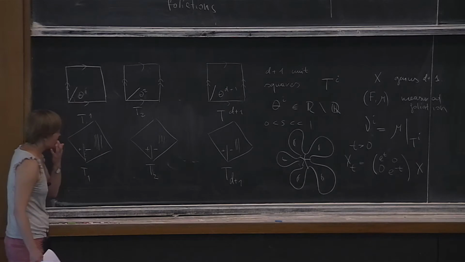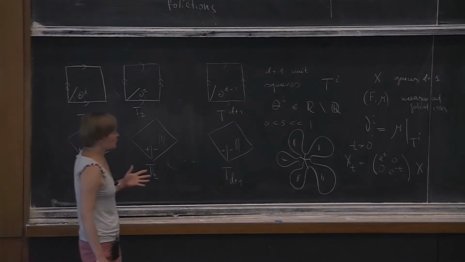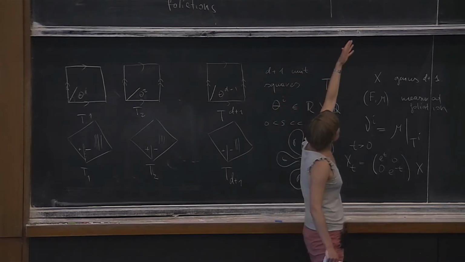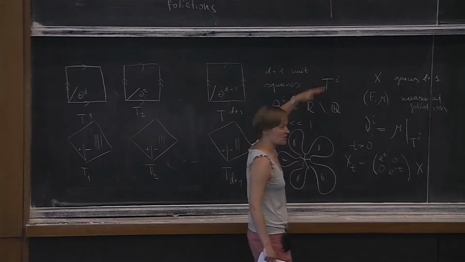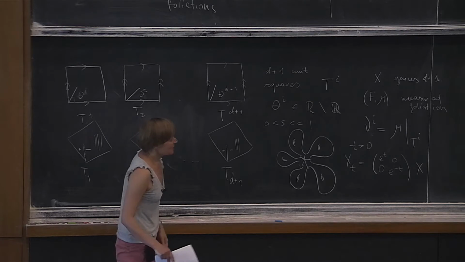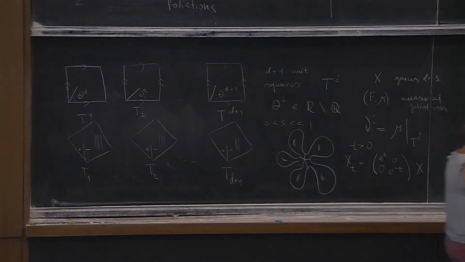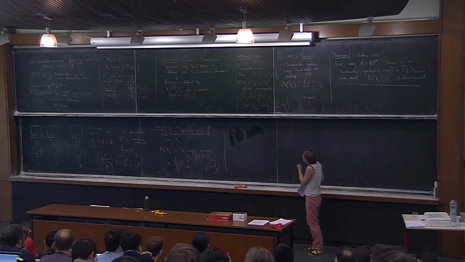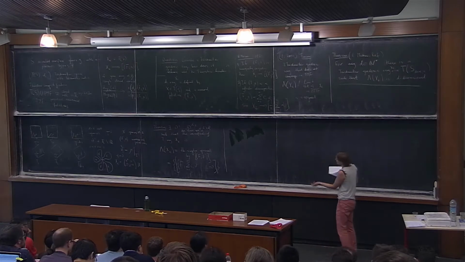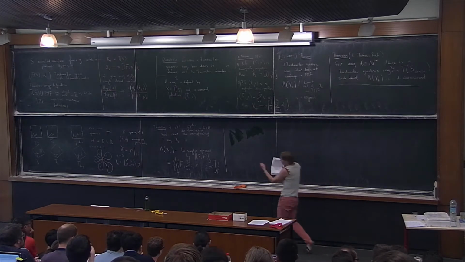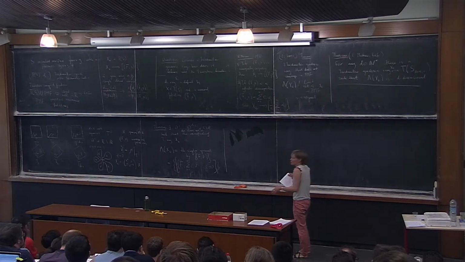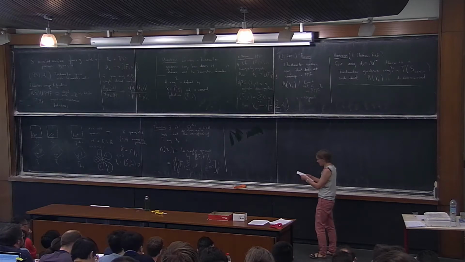But as I said, the Thurston compactification is using hyperbolic structure, and one cannot precisely go from flat structure to hyperbolic structure. So one has to approximate and stuff like that.